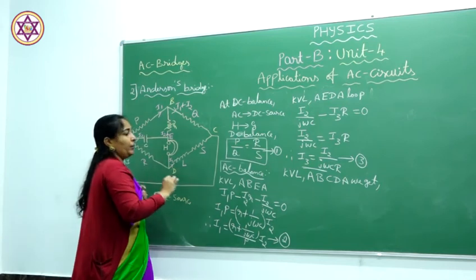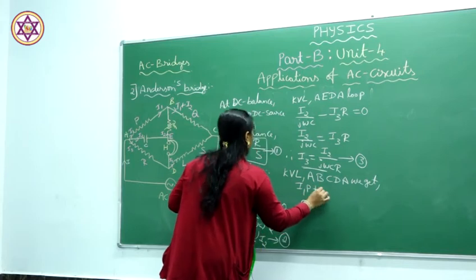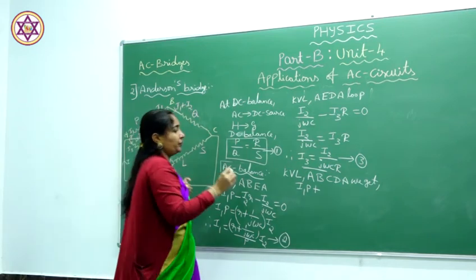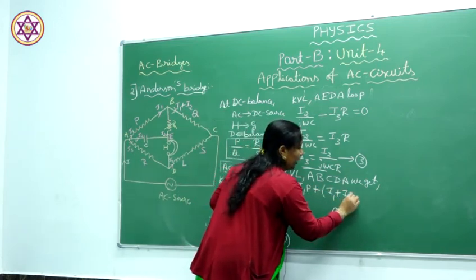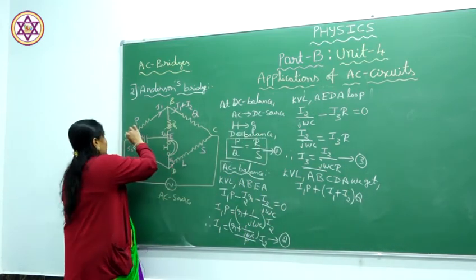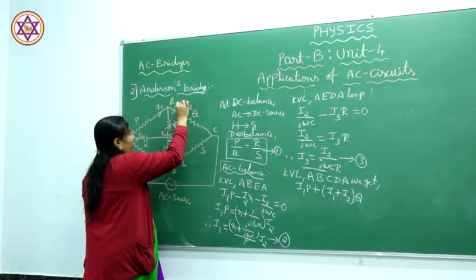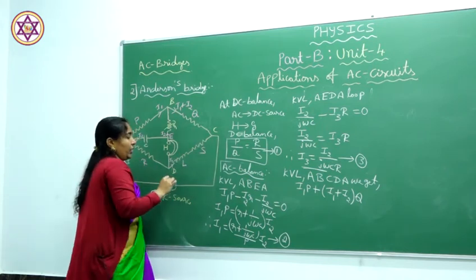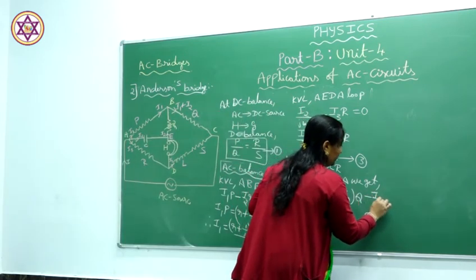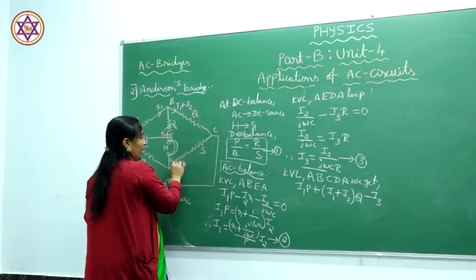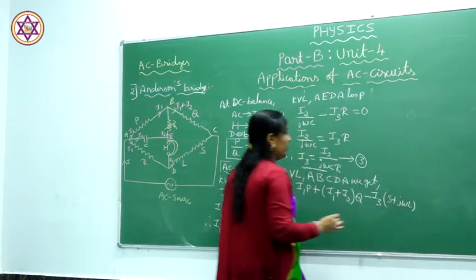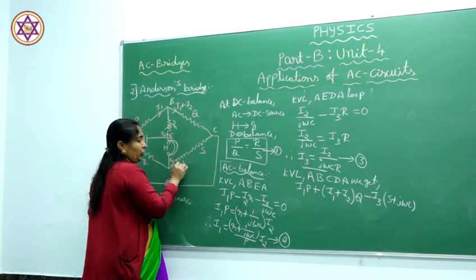First one is I1 into P, plus, that means the current flowing in the same direction, therefore in this, I1 plus I2 into Q. Then come to this point, this will be in the opposite direction, therefore minus I3 into S plus j omega L. So in this, current I3 into S plus j omega L, the internal resistance and inductance.